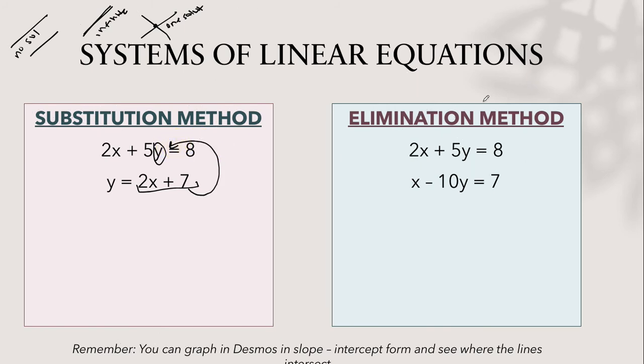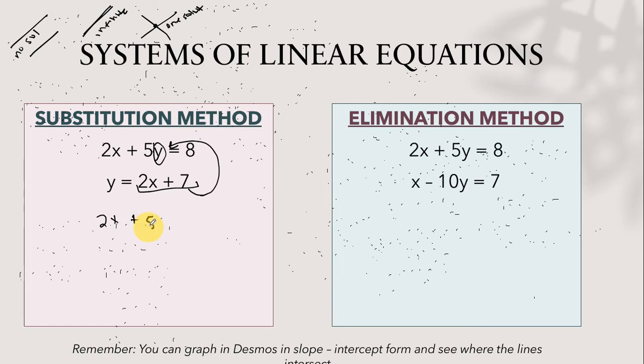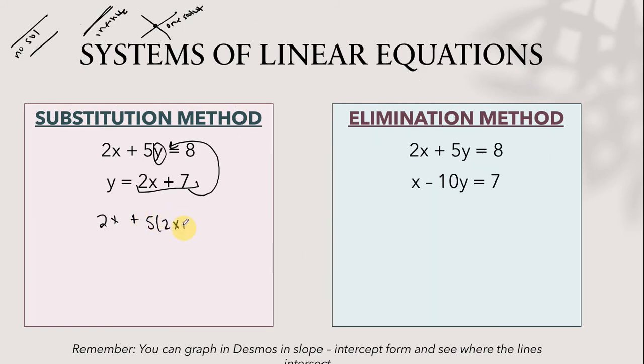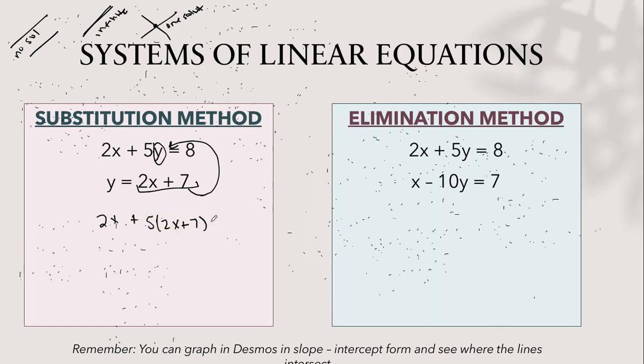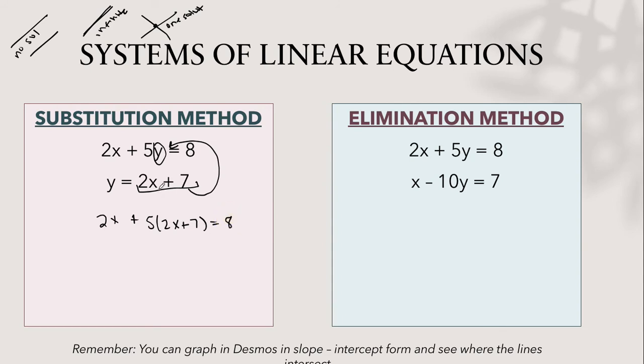Because y equals 2x plus 7, so I'm substituting what y equals into that y. So that would give me 2x plus 5 times 2x plus 7 is equal to 8. So all I did was substitute this expression in for y, and I'm solving from here.